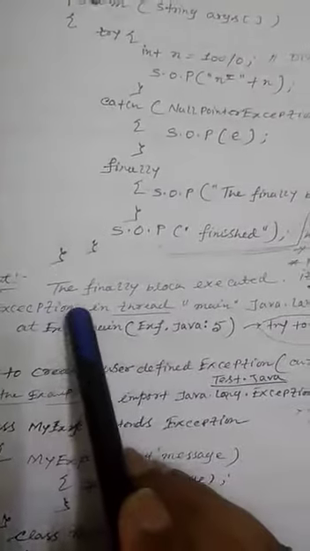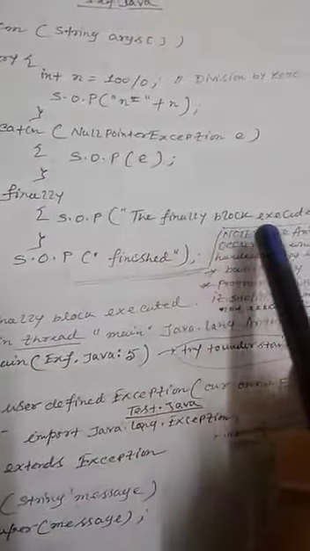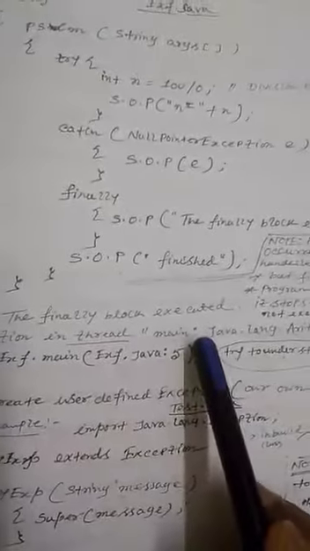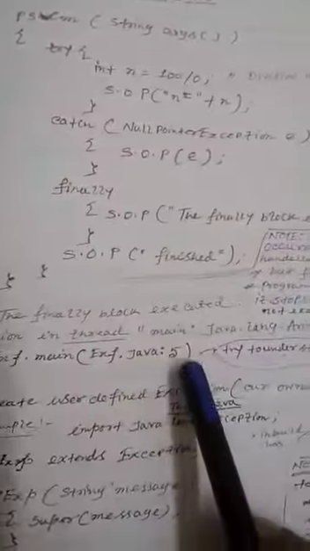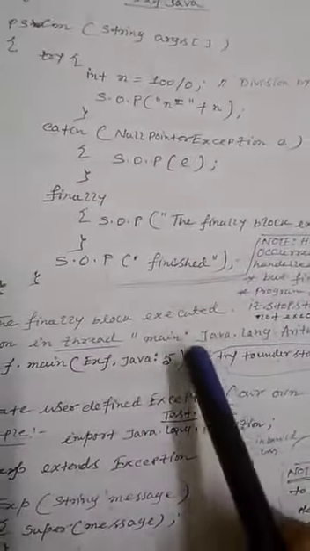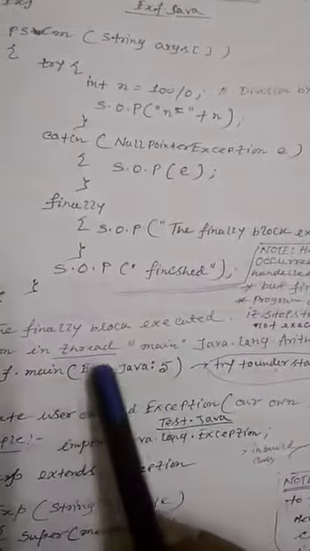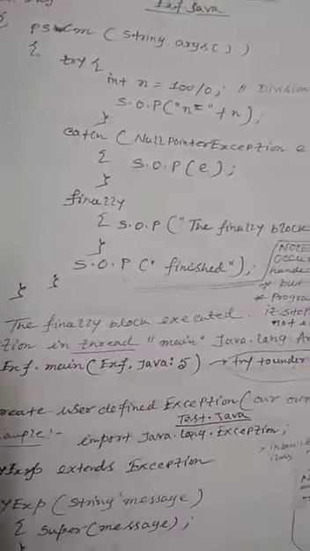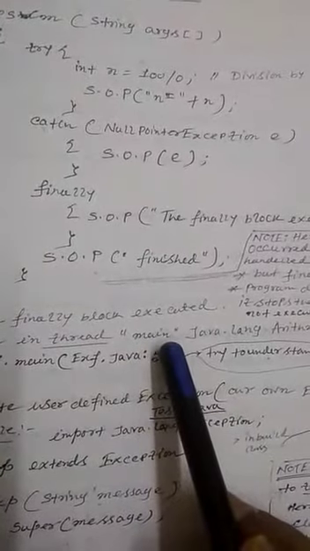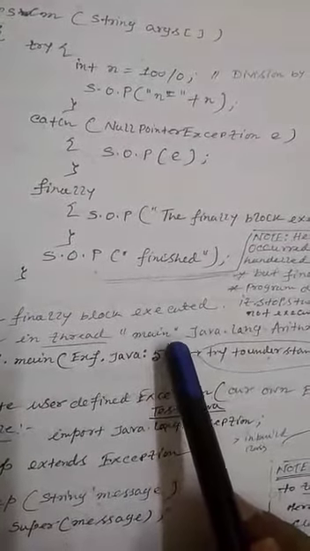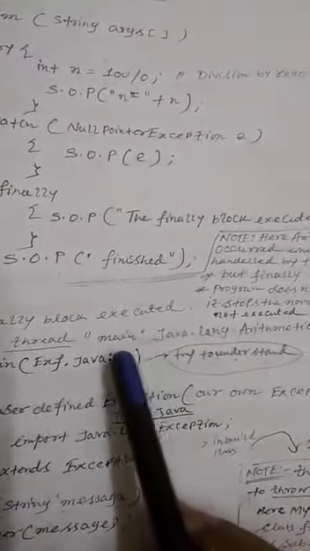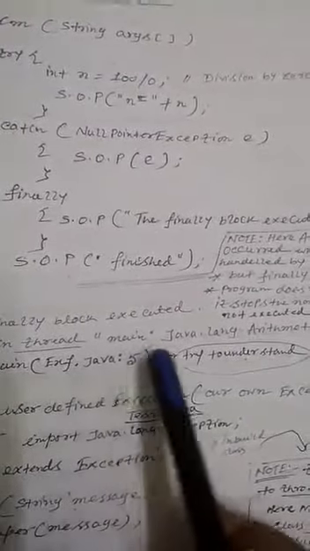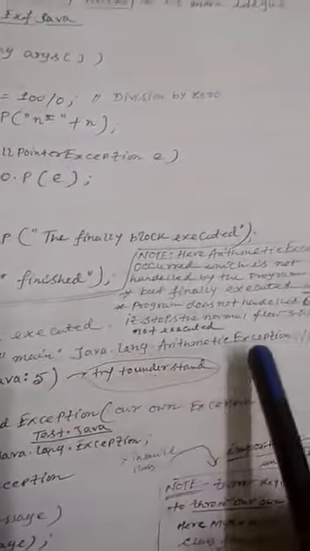So what will be the output? The finally block executed. Yes, this will execute, "the finally block executed", and "Exception in thread main". In the main thread, there is only one thread here. Exception in main thread will be on the console in the form of an unchecked exception, and it will say exception in thread main java.lang.ArithmeticException.